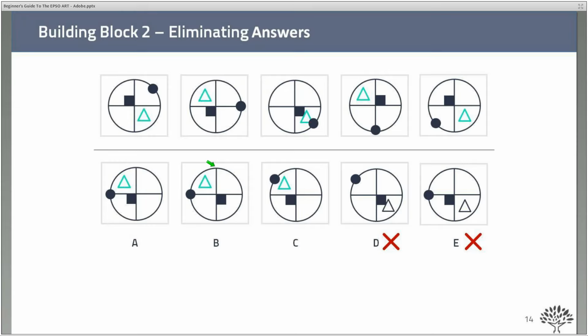However, we don't want to do that. We want to get the correct answer. So we're going to look at the A and B again. There's only one difference between them now, and it's this square here. So that tells you that there's going to be something with the square that's going to tell you what the correct answer is. So the square is essentially moving anti-clockwise around the kind of inner section of the cross here.